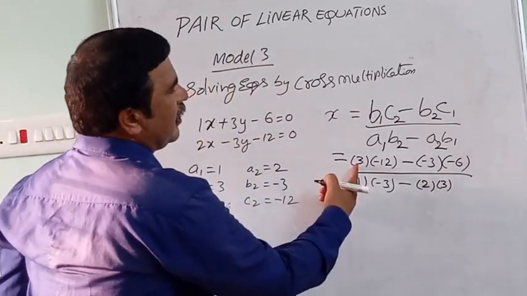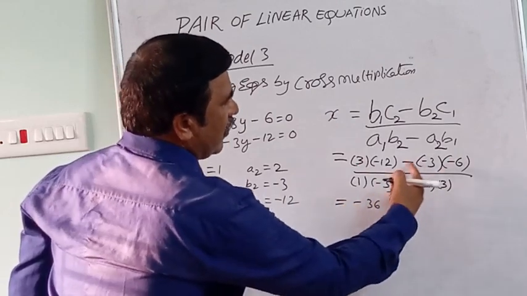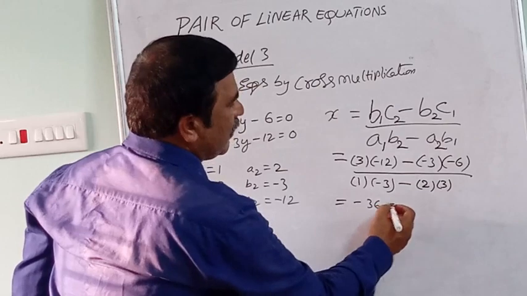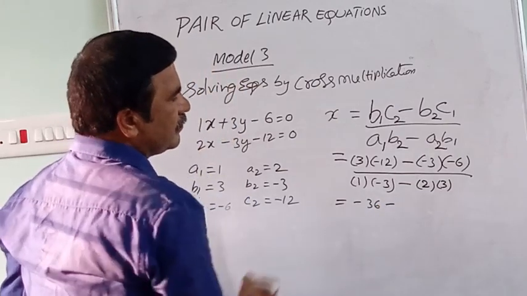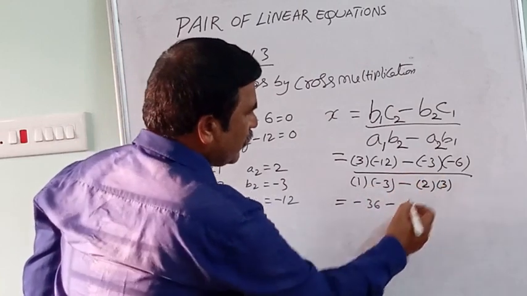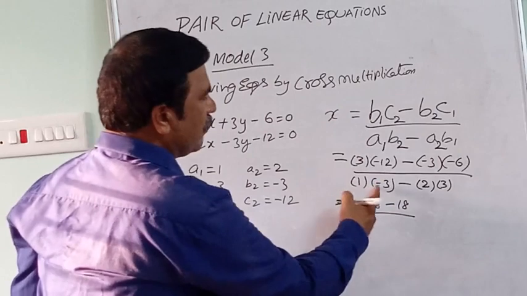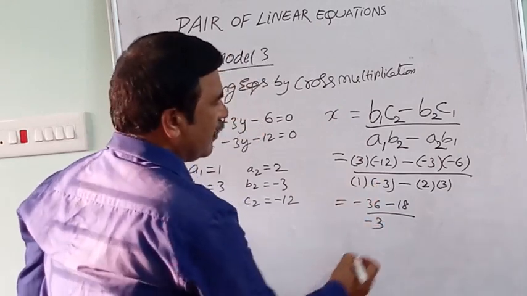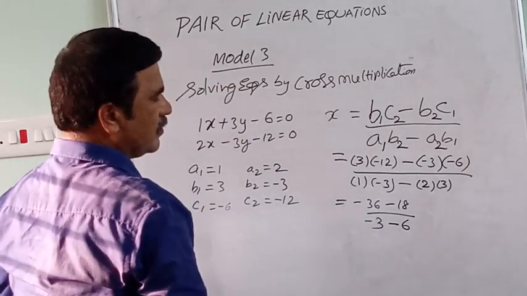Simplify. 3 into minus 12, minus 36. All three minus, minus, minus, it becomes minus only. Then 3 into 6, 18, by 1 into minus 3, minus 3, minus minus only, 2 into 3, 6.